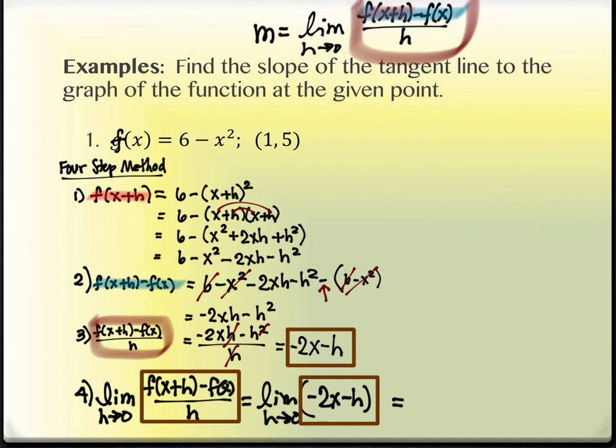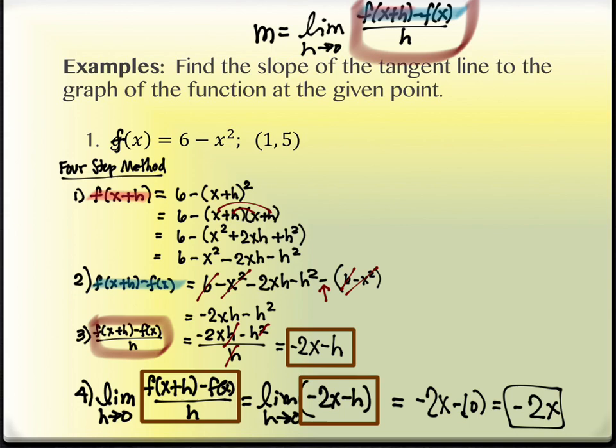And I can't do it. But once we get to step 4, we can. So if I put 0 in for h, I have negative 2x minus 0. And what will this equal? Just negative 2x, right? Now that doesn't quite answer the question, but we are done with the limiting process. This is the limit process that we needed to go through.